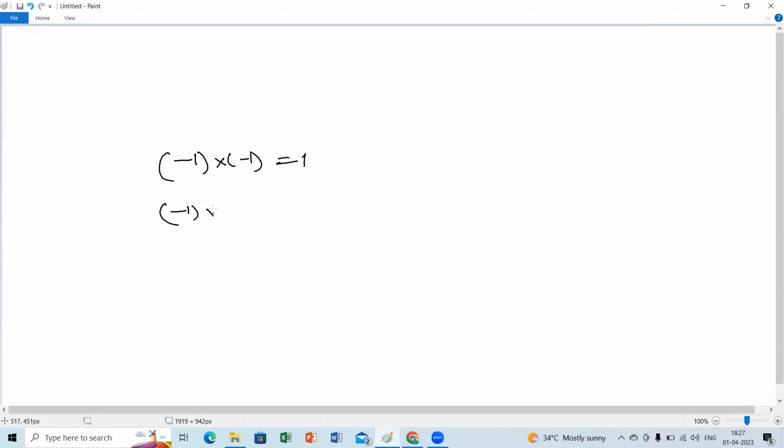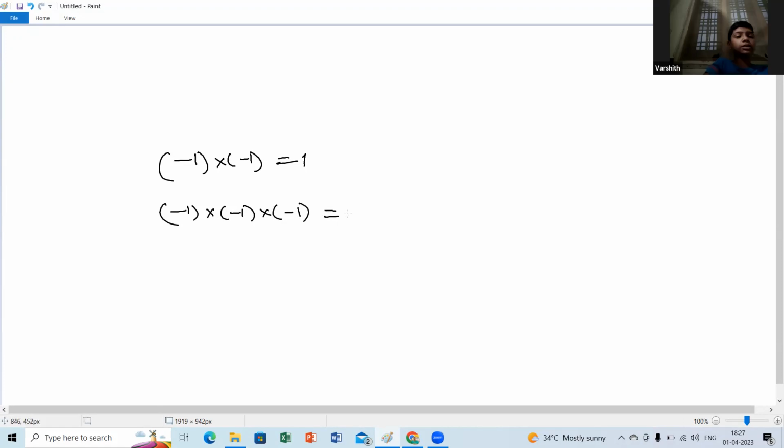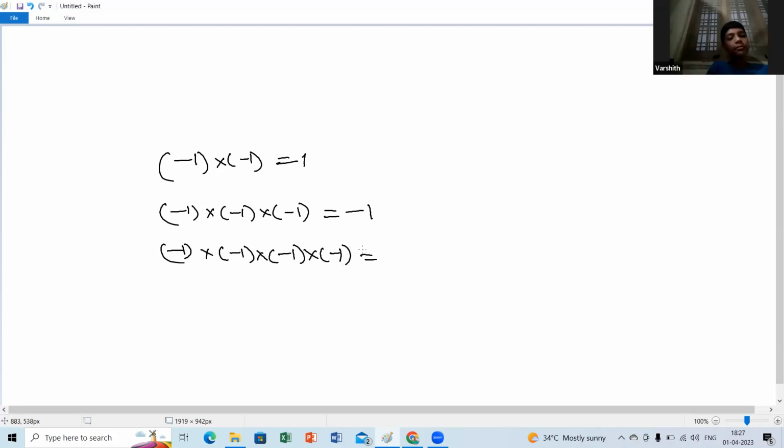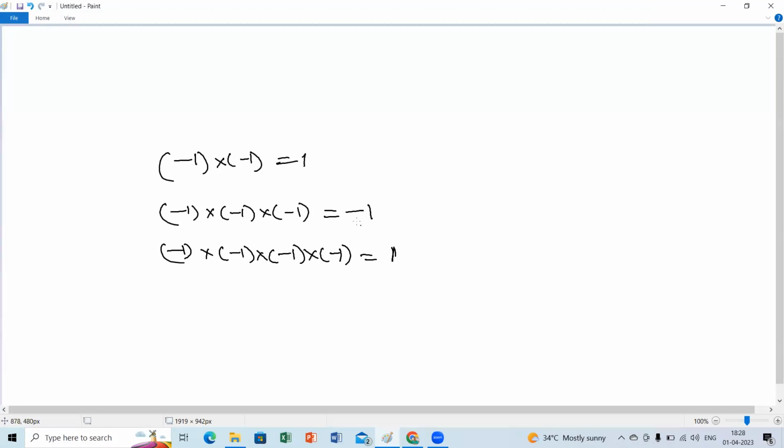Negative 1 multiplied with negative 1 multiplied with negative 1 is? Negative 1. Suppose negative 1 multiplied four times? Ma'am, it is just positive 1. Very good. It's positive 1.